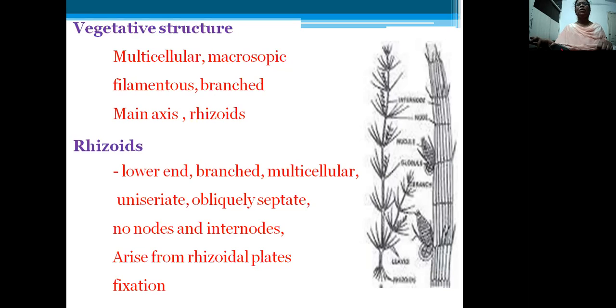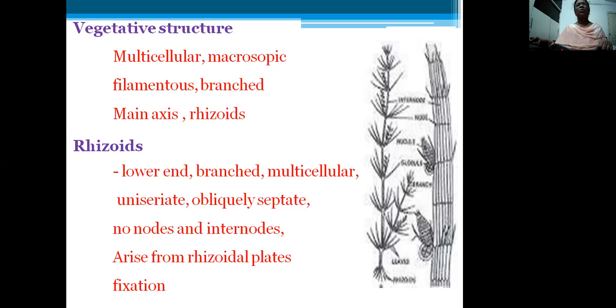At the internodal region, it is completely encrusted with calcium carbonate and silica. So the outward appearance of this plant body is very rough. It is also called stonewort due to the deposition of calcium carbonate and silica. At the lower end of the stem, branched, multicellular, uniseriate, oblique, separate rhizoids are present.